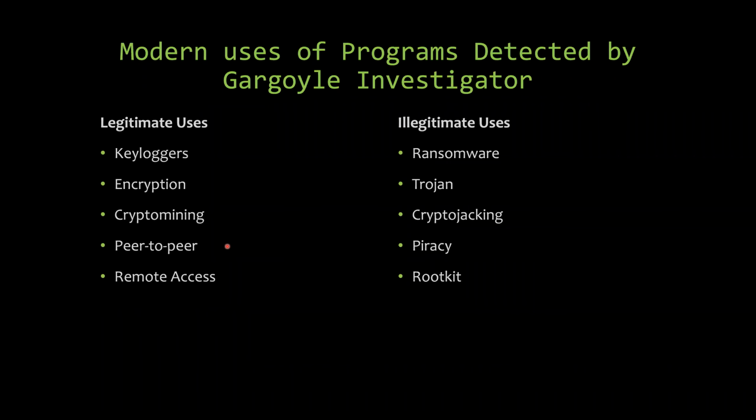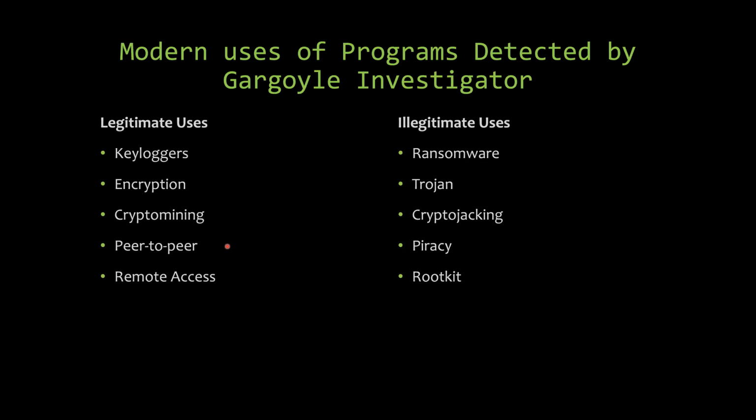And then finally, remote access, the same type of thing, something like TeamViewer or a remote administration tool. Those all have legitimate use cases, but those can also have illegitimate use cases that could be used by a malicious actor. And so all of these have value to be detected within a Gargoyle Investigator case.